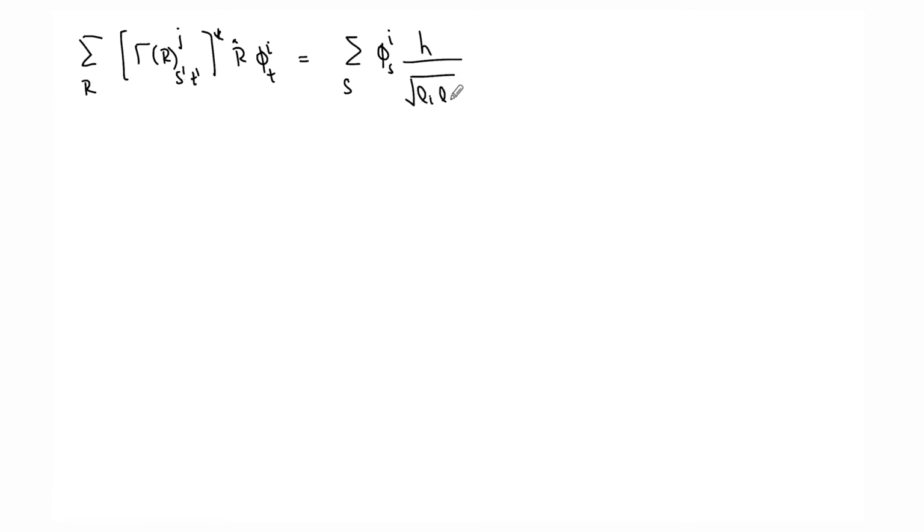Summation over all r tau r conjugate r phi ti is equal to summation over all s phi s i and h over square root of li lj delta ij delta ss prime delta tt prime.